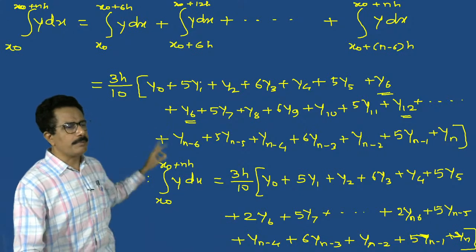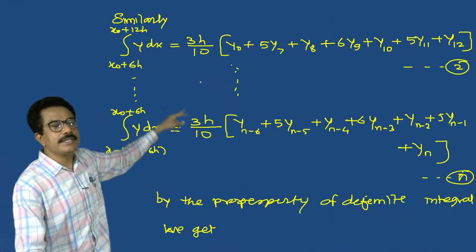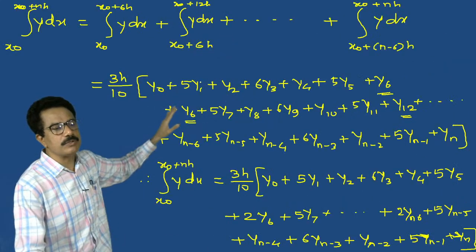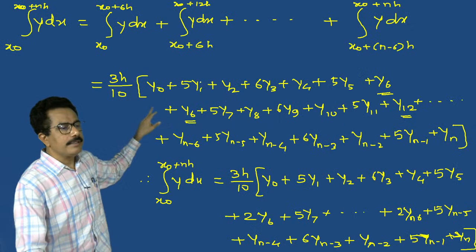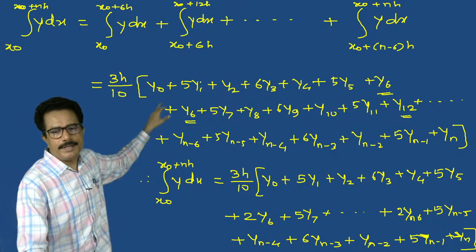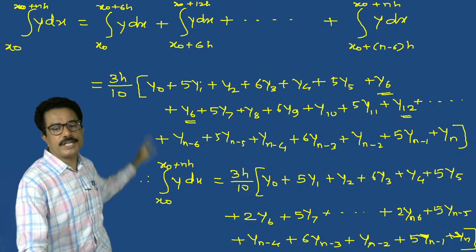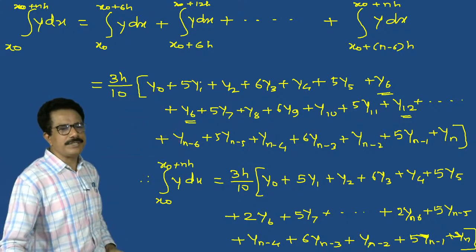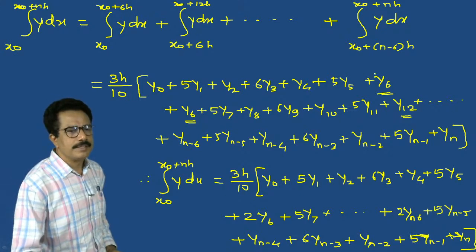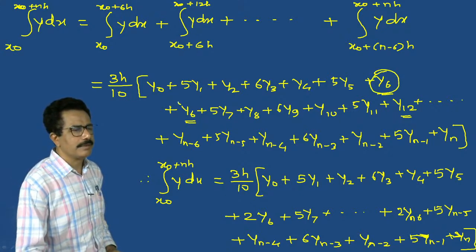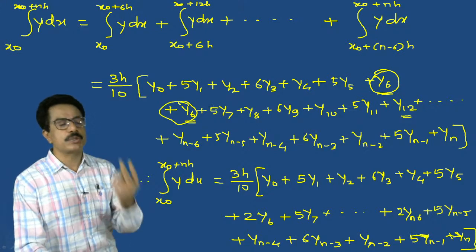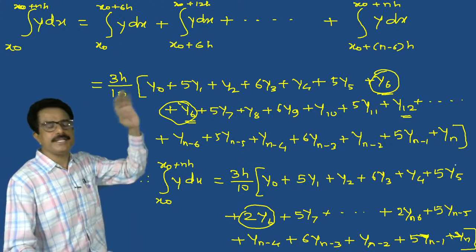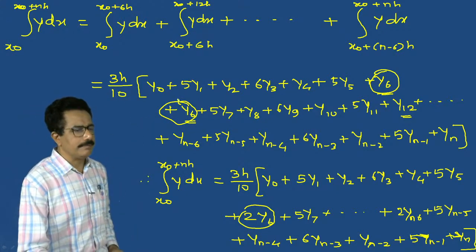Okay. So put this value, adding all these terms, first, second, third, सर्व integral च्या values ठेवा. Then 3h divided by 10 जो आहे, then we will get in this way. 3h by 10 will be the common, then the remaining terms. आता यामध्ये फरक एवढाच आहे, y6 plus y6. See this, एवढीच term common येते double. y6 plus y6 means 2 times of y6. बस एवढाच फरक, बाकी as it is terms.